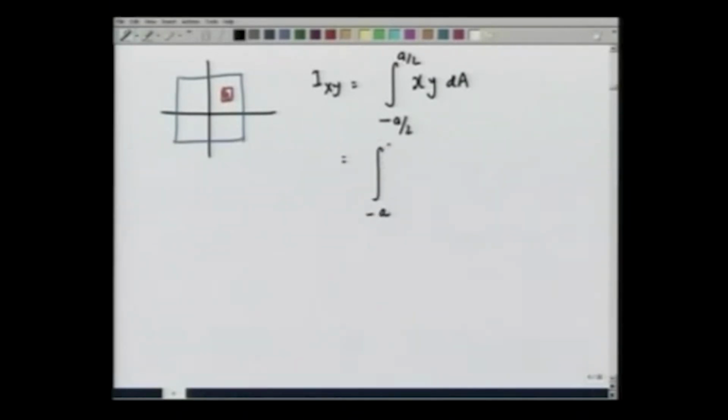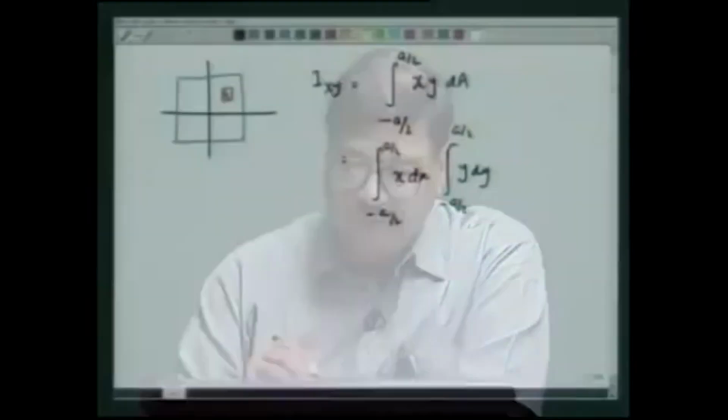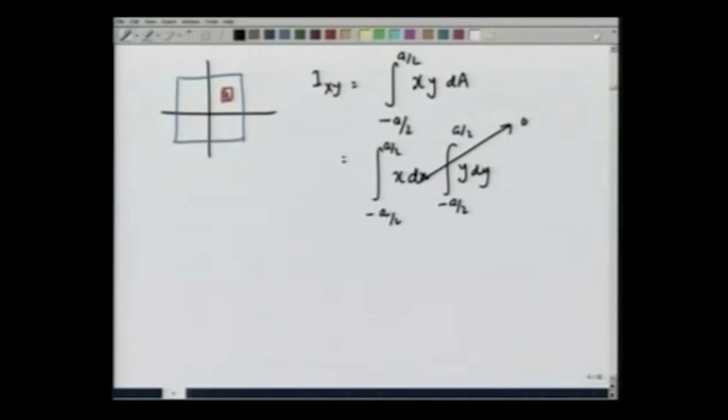Third, for the product of area, you see that Ixy is equal to the integral of x y dA from minus a by 2 to a by 2, and if I choose a small area dA here, this will be equal to the integral from minus a by 2 to a by 2 of x dx times the integral from minus a by 2 to a by 2 of y dy, and by the symmetry of the functions x and y, this goes to 0.